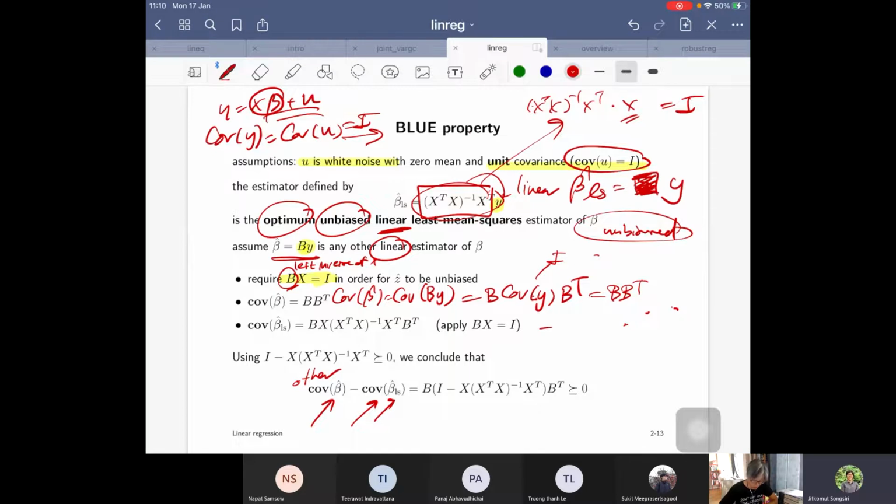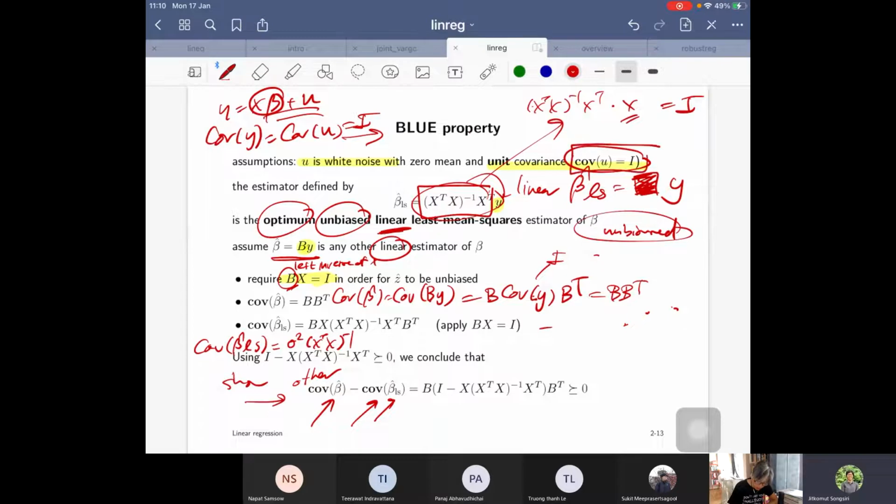Now this is what we would like to show. I'm going to arrange the covariance of beta hat with the following term. We know that the covariance of the least square estimate is sigma square times (X transpose X) inverse.